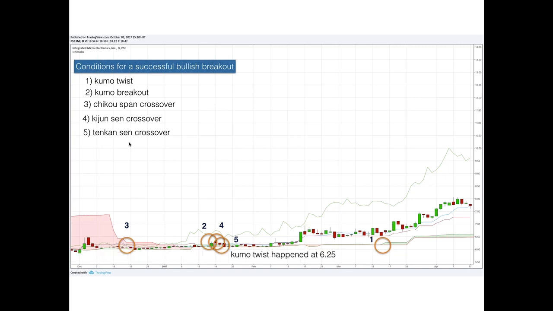The Kumo twist happened when IMI was at 625. After this, price trended above the Tenkan-sen and Kijun-sen lines, and this breakout happened above 7 pesos.